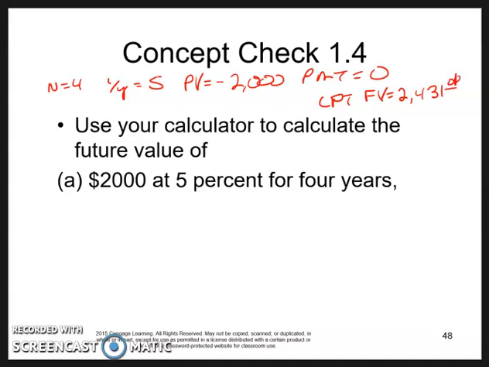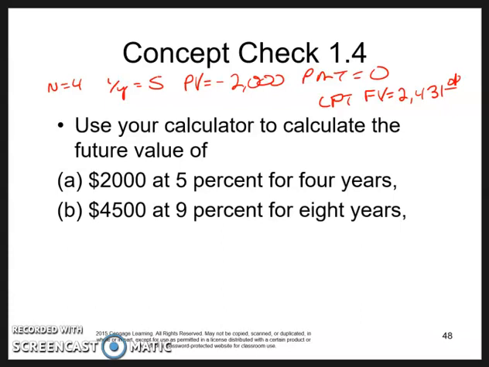All right, the next one is $4,500 at 9% for 8 years. N is going to be 8 for 8 years. IY is 9. PV is the 4,500. And then payment, again, there are no payments here, so that's 0. So compute future value.